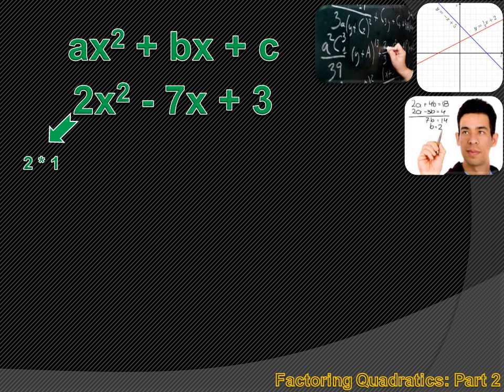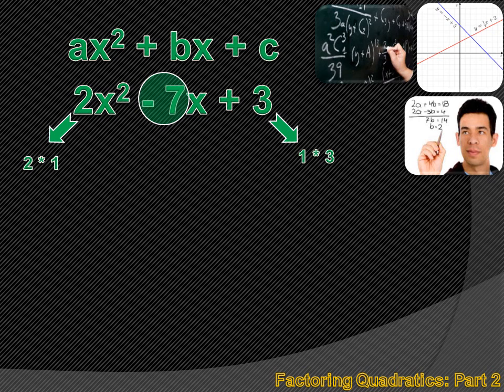Now I got to factor my c coefficient, the positive 3. But in order to figure out what the possibilities are, I'm going to consider the b coefficient, which is minus 7. Now since I'm going to be adding my two factors together, I have to get a result that's a negative number because my b is a minus 7.